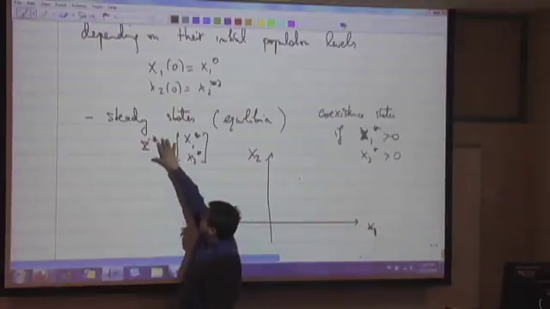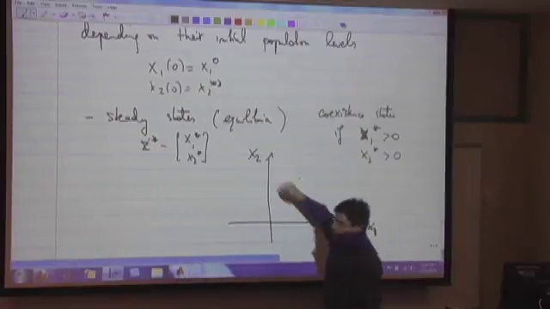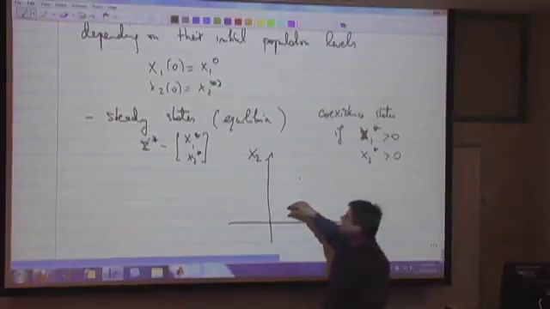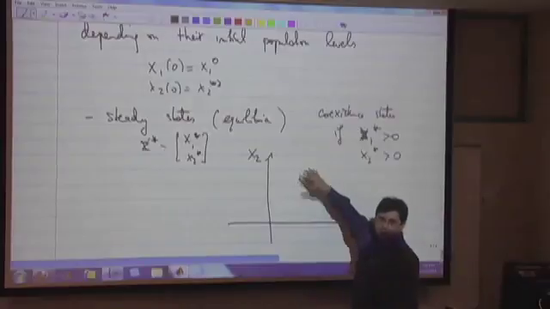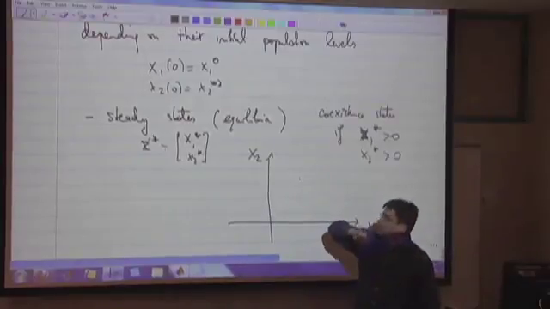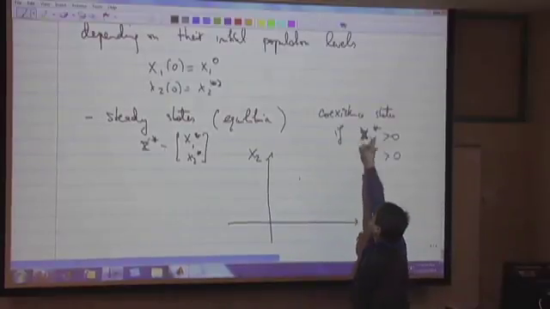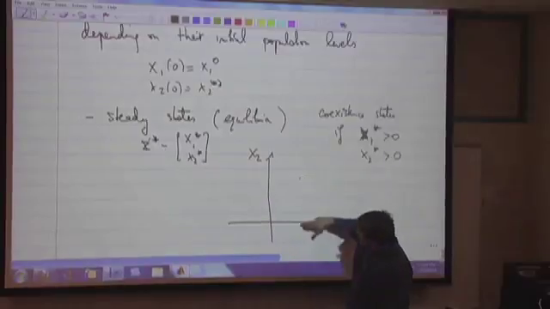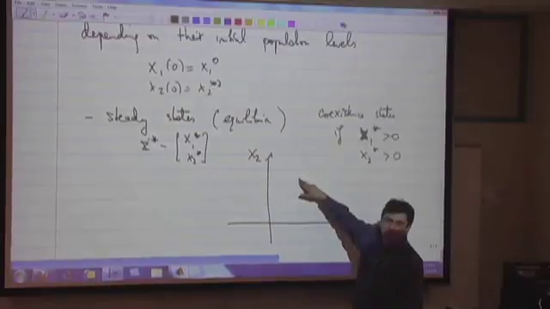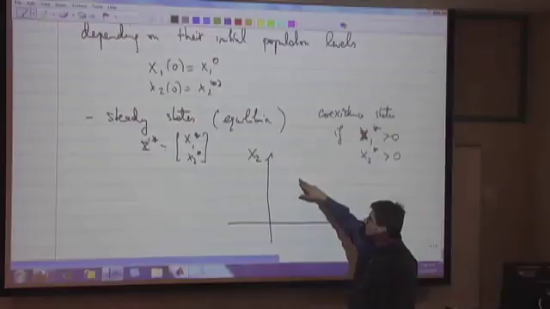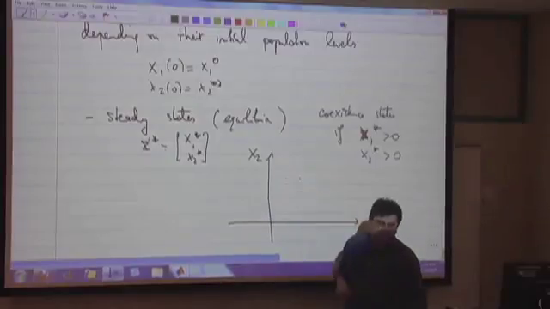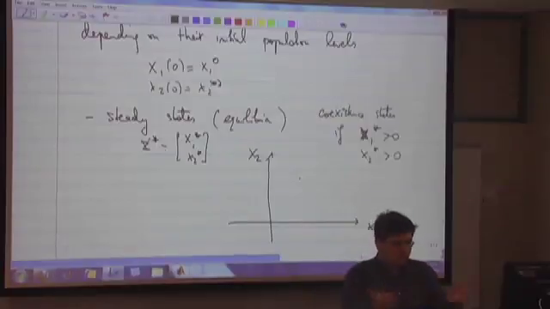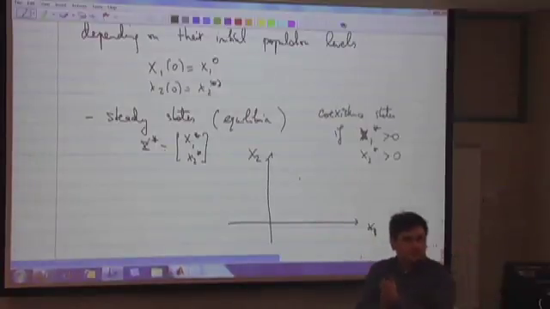In that plane, there are going to be special points, the steady states, for which if I start here, I'm going to stay here for all times. They're called coexistence because if there's an equilibrium where both x1 and x2 are positive, this means that if you start with those two values, they're going to stay forever.